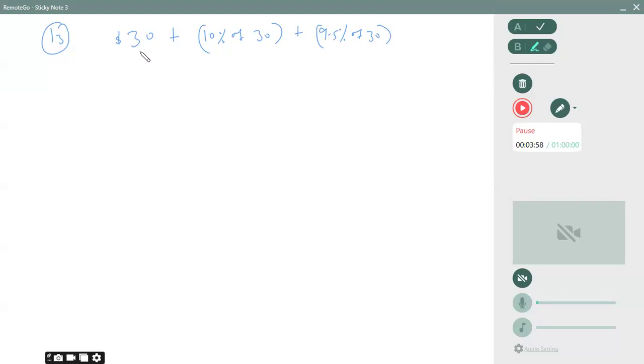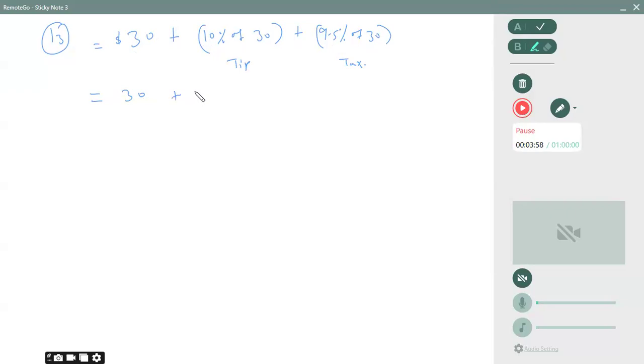In addition to this money, they paid these percentages, depending on what they ate. I don't know if it is coming out clear, but in addition to this, they paid an extra 10% on top of this, and another 9%. This is tax, this is tip. So the question is asking, in total, how much did they spend?